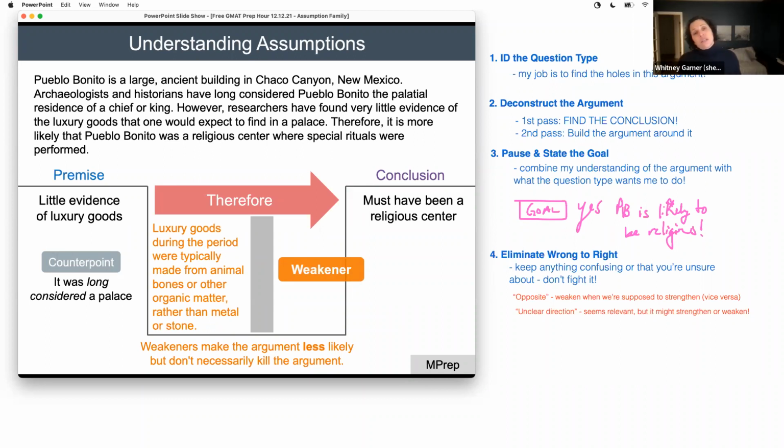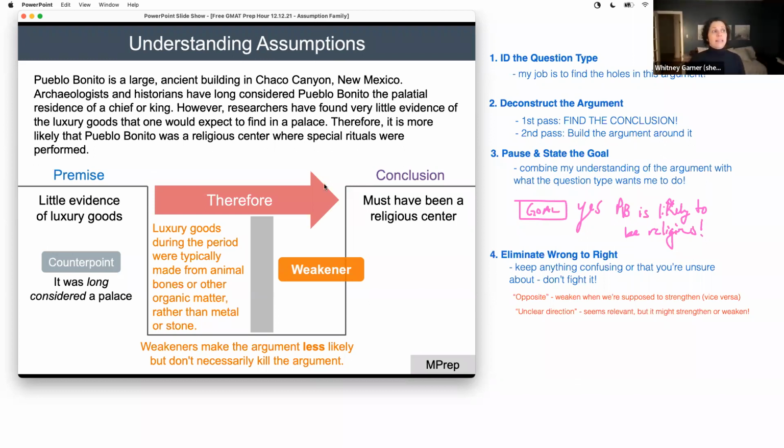We're not finding luxury goods not because of tomb raiders, although that could be the case, right? Tomb raiders were common in this area during this period or what have you. But we could also say luxury goods during this period weren't durable. They weren't gold and gems like we might be thinking. Luxury goods were things that would have broken down and decomposed, and by the time we went to look, they'd be gone. So that doesn't ruin the argument, but it certainly undermines it.